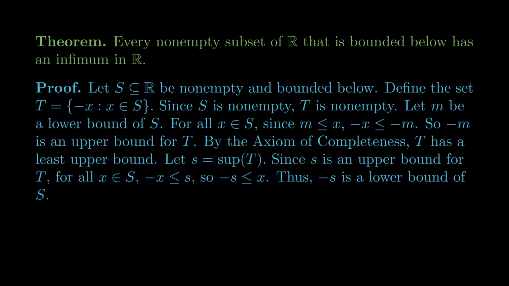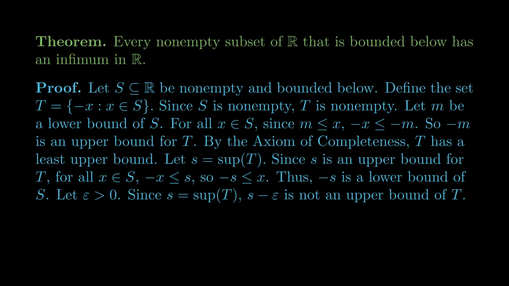So let's let epsilon be greater than 0. That'll be our small step. And now we want this new number, negative s plus epsilon, to not be a lower bound for S anymore. So we need to find an element of S that's less than it. And so we can use the set T. Since s is the supremum of T, if we take a small step down of size epsilon to s minus epsilon, that's no longer an upper bound for T, which means that there exists an element in our set T greater than s minus epsilon.